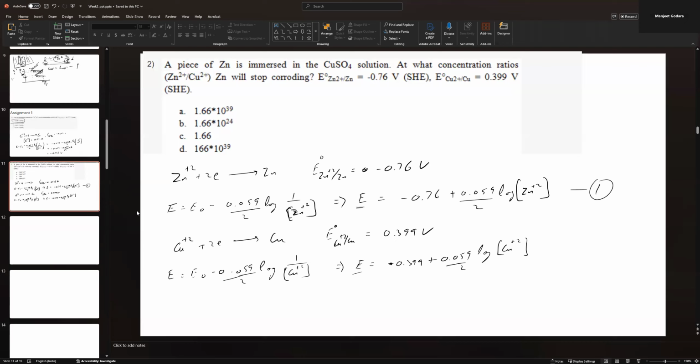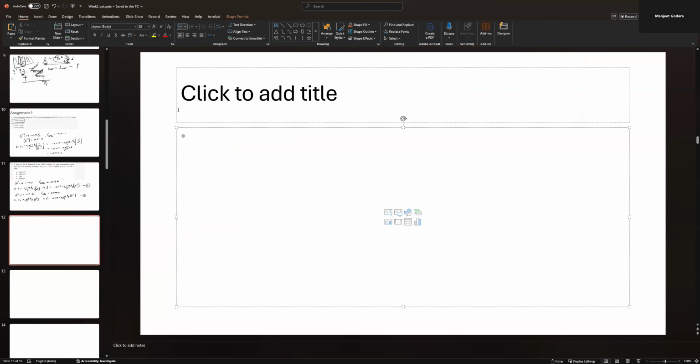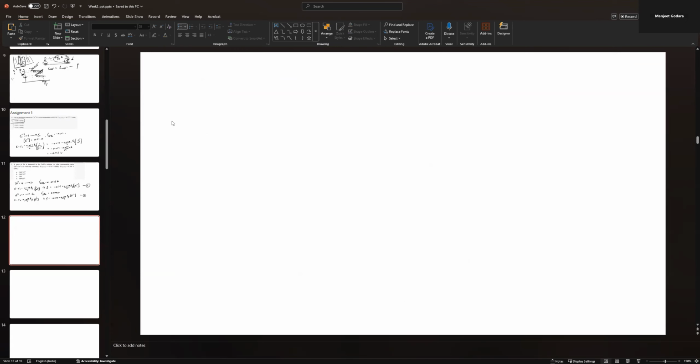The equilibrium potential for Zn2+ then becomes equal to the equilibrium potential for copper reduction.